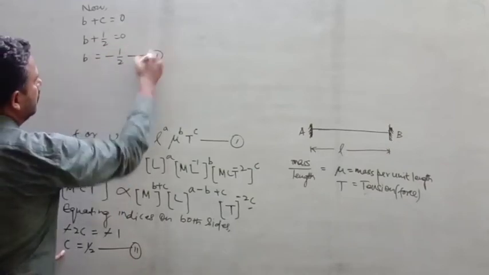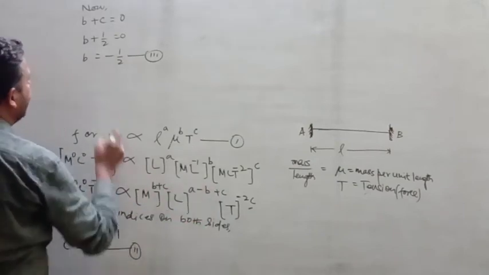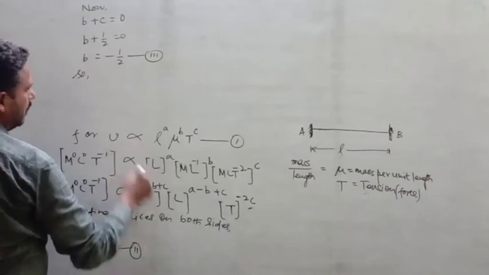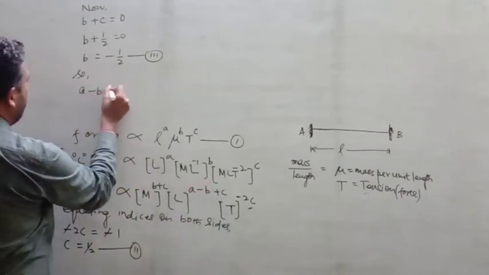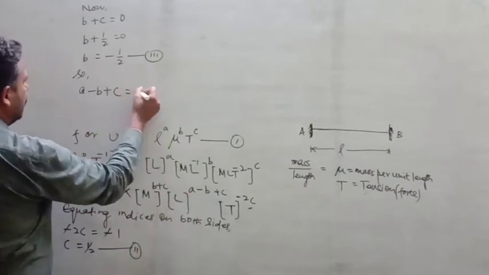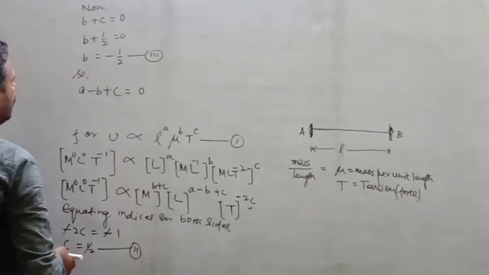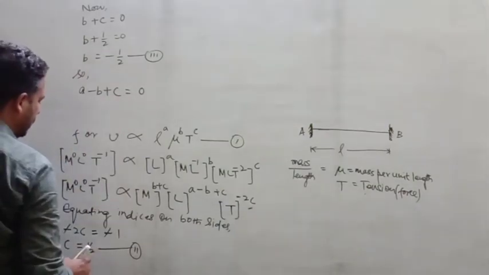And then you take this one from here: a minus b plus c, and L to the power here is 0. Then put the value of b and c from the second and third equations.